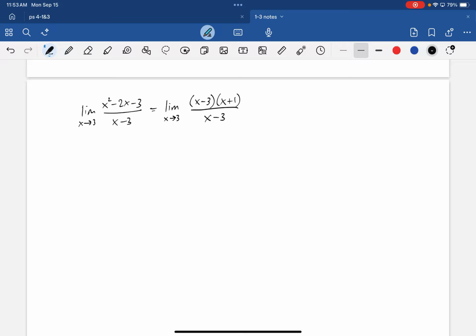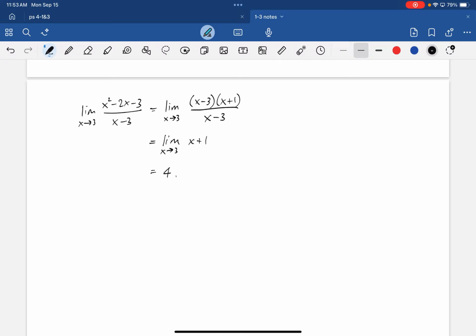Okay, and what do we notice about this? Yeah, very good. The x minus 3 cancels out. So we're actually left with the limit as x approaches 3 of x plus 1. And if we plugged 3 into this function, x plus 1, we have no trouble at all, right? That's just 4. 3 plus 1 is 4. And so this limit is actually going to equal 4.